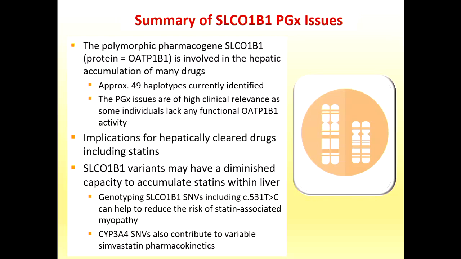So in this case, this very important protein facilitates the uptake of drugs out of the portal circulation after drugs get absorbed from the gastrointestinal tract, go into the portal circulation, and they get taken up by the liver to get metabolized. So if you can't do that because you've got an inherited 1B1 gene that's deficient or a null gene, null activity, then that might leave you vulnerable to side effects from some of these drugs like statins.